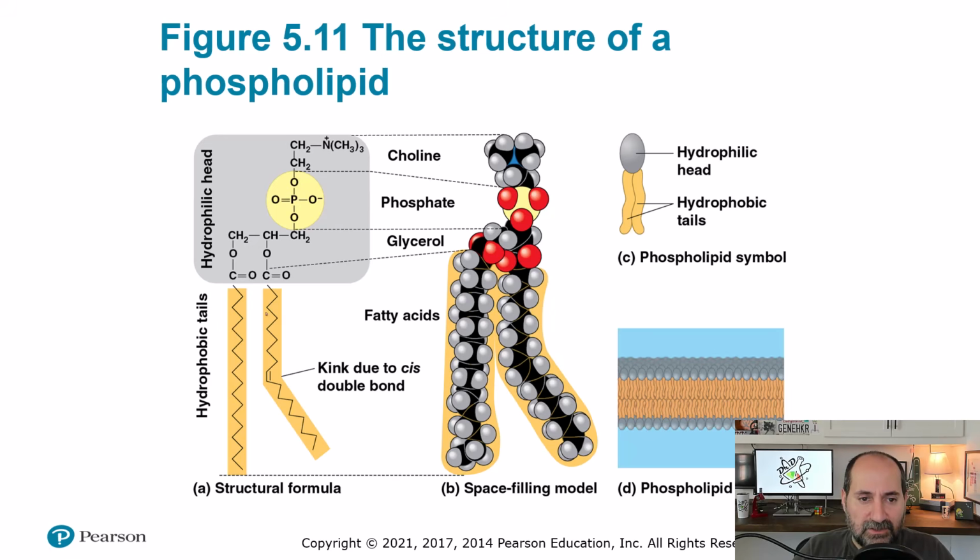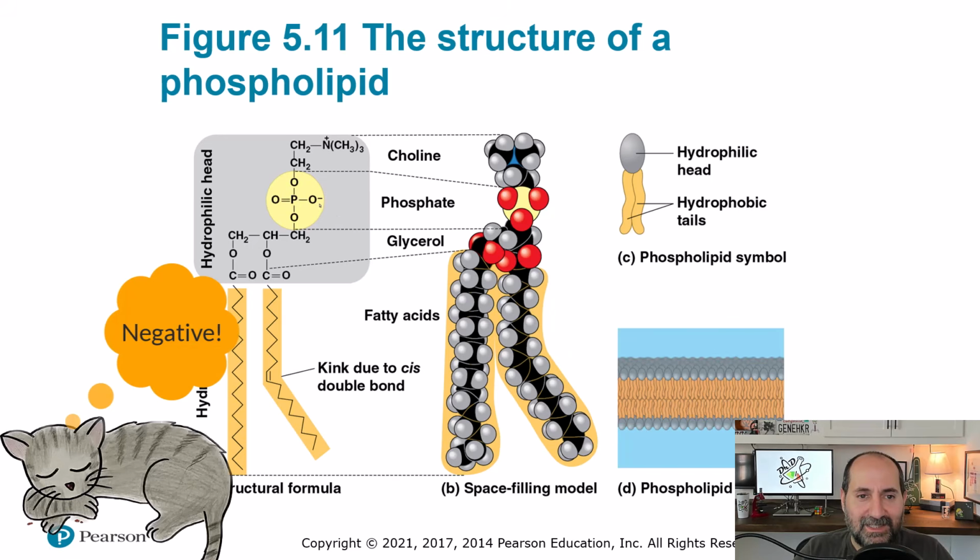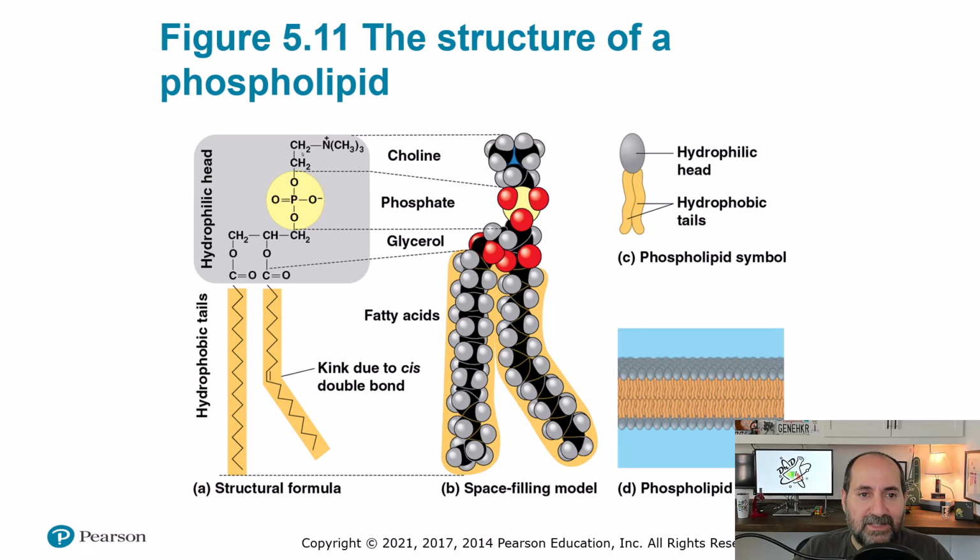What charge do phosphate groups have, by the way? That's right, a negative charge. And what about the choline? The choline has a positive charge. The phosphate has a negative charge.